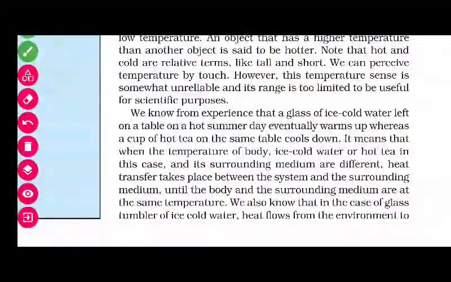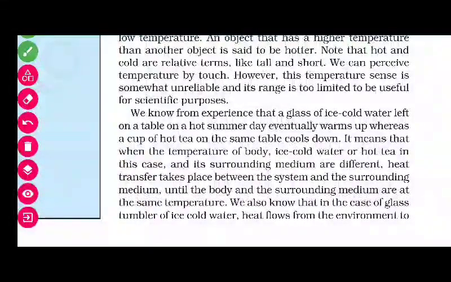Now, we know from experience that a glass of ice cold water left on a table on a hot summer day eventually warms up, whereas a cup of hot tea on the same table cools down. We all have experienced this.